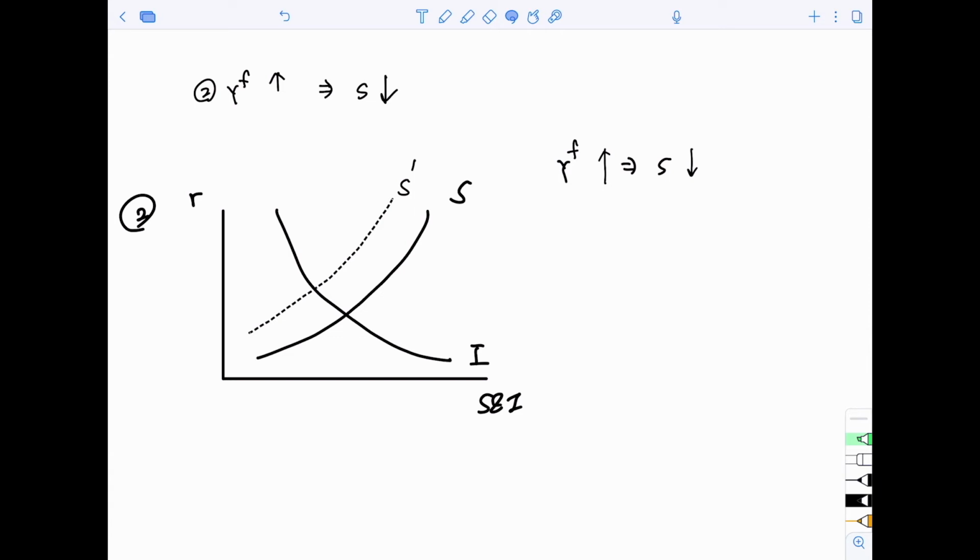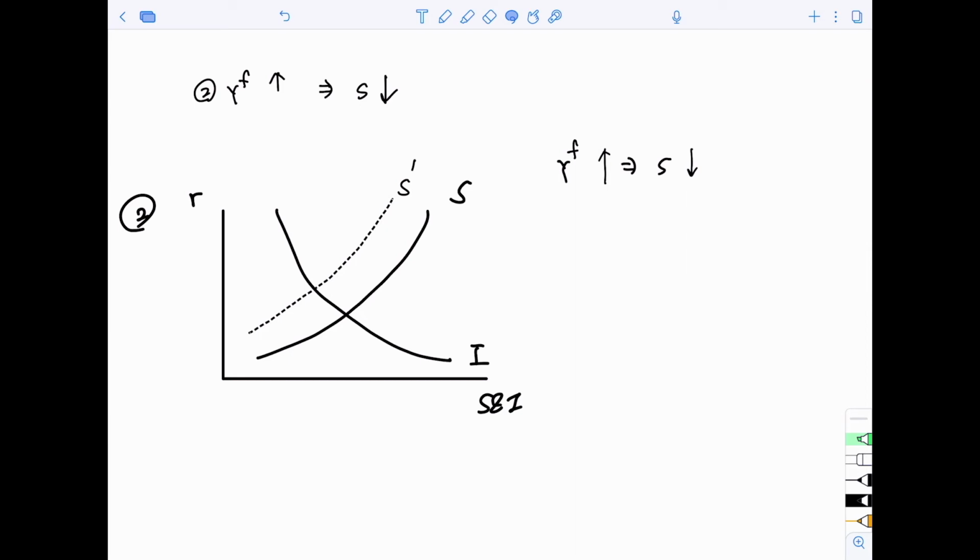That is because, holding all the other things equal, when we know that we are going to have more income in the future, we prefer to smooth our consumption, so we are going to save less today, and then we will be able to have more equal consumption across time. Therefore, when the future income increases, it causes the saving to fall.